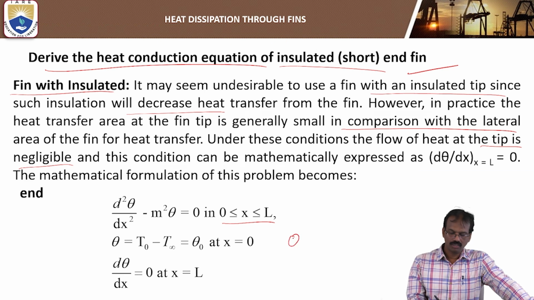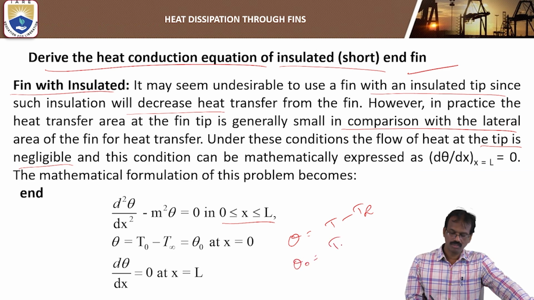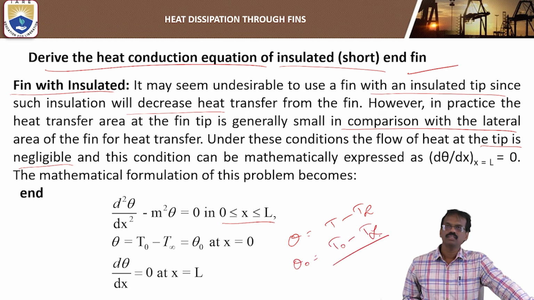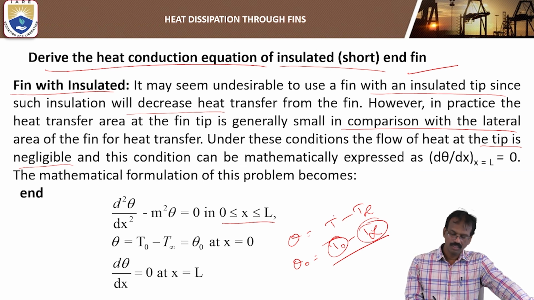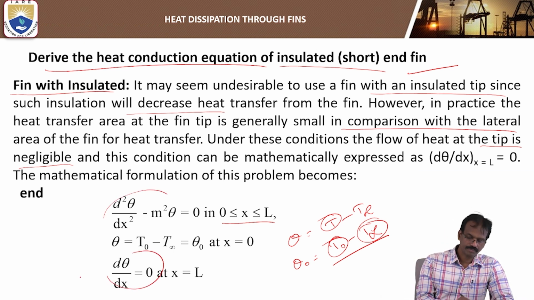You know that theta is T minus T infinity, and theta naught is T naught minus T infinity. T naught is the temperature at the base surface, T infinity is the ambient, atmospheric temperature, and T is the temperature at a particular distance x. At x is equal to 0, T is equal to T naught. At x is equal to L, we have to apply this condition.